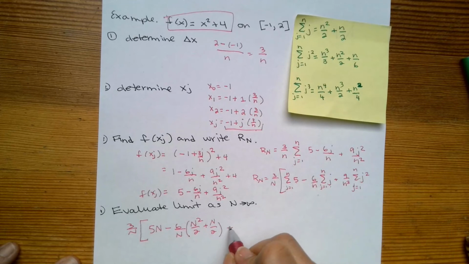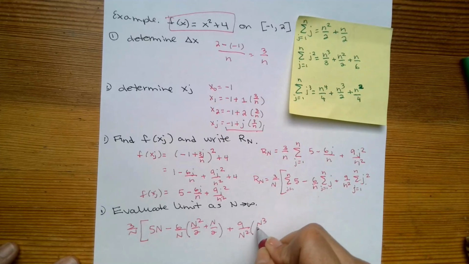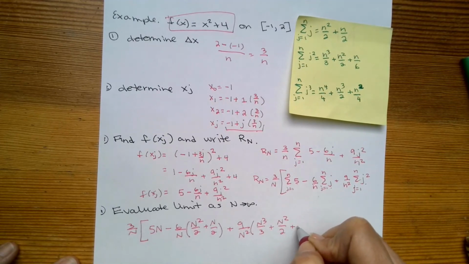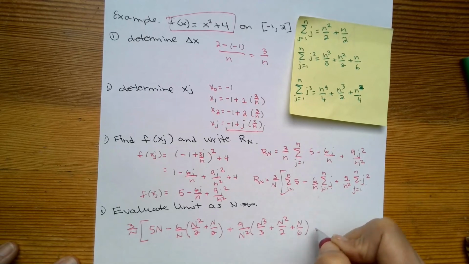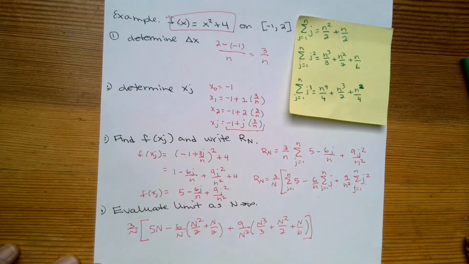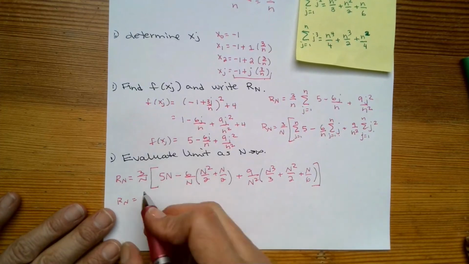And then plus 9 over n squared times the sum of the j squareds, which equals n cubed over 3 plus n squared over 2 plus n over 6. Okay, so here is our R sub n, all multiplied out and summed up. So let's go ahead and tidy that as much as we can, and then we'll do the limit.